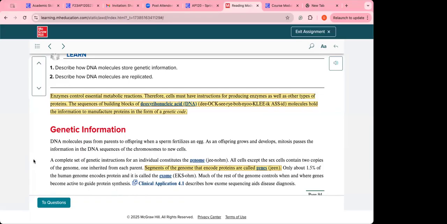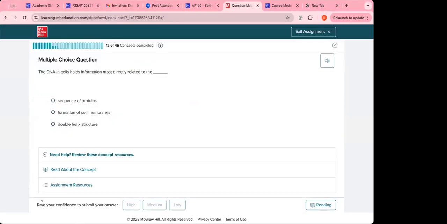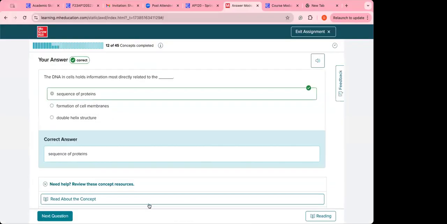So DNA molecules hold the information to manufacture proteins. Directly related to the sequence of proteins. I would say it's the sequence of proteins, based on what I read there.